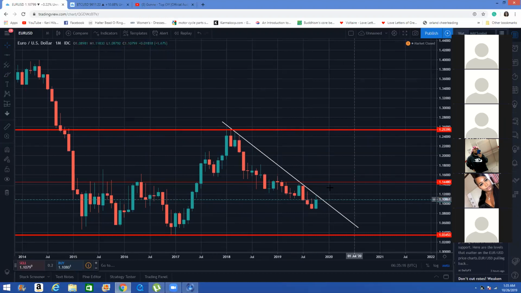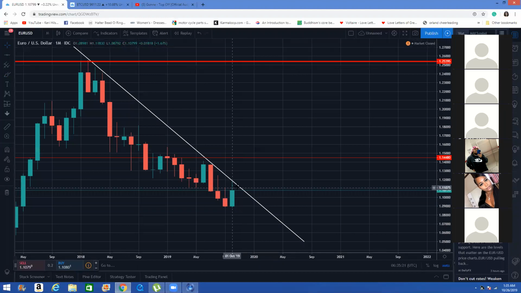But if I'm looking at this and I see this rejection, I see this wick bounce off right here. If y'all don't understand, like with the time frames I was explaining, just because it didn't close at the point where the wick went doesn't mean that price didn't go to that point.